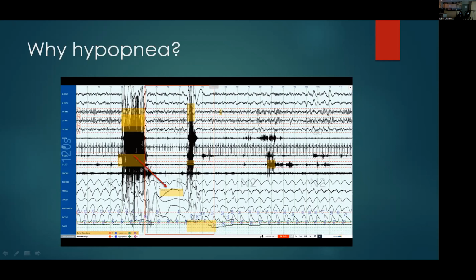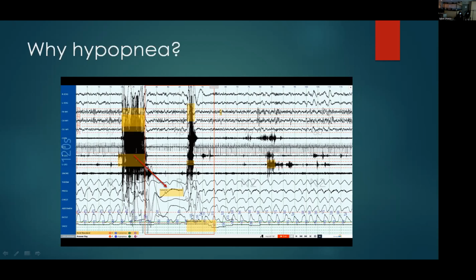Actually, the gold standard panel, they say here in the thermal airflow sensor, there is some ventilation still there. So it's not qualified as a central apnea. So this is a hypopnea.